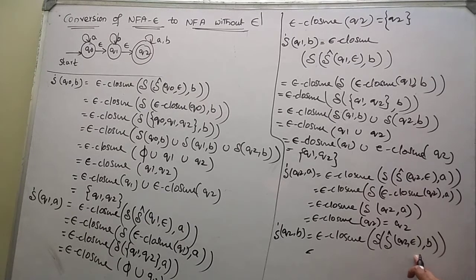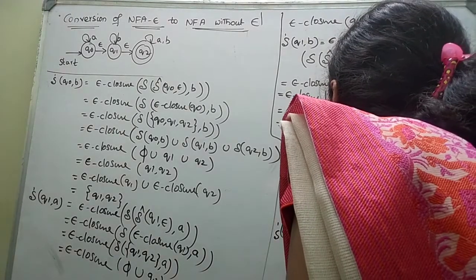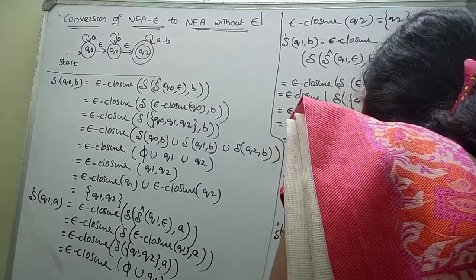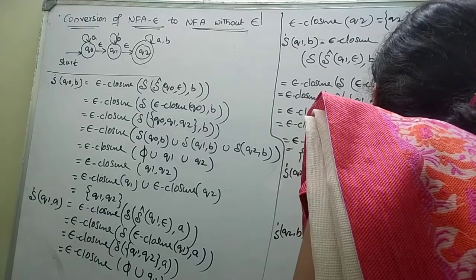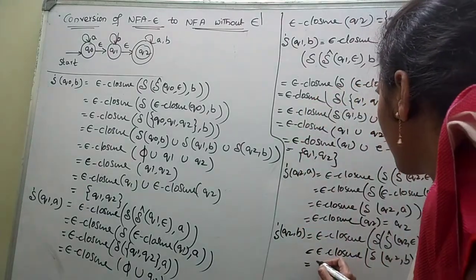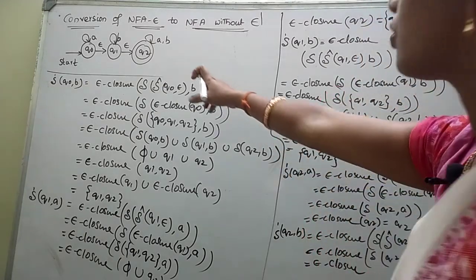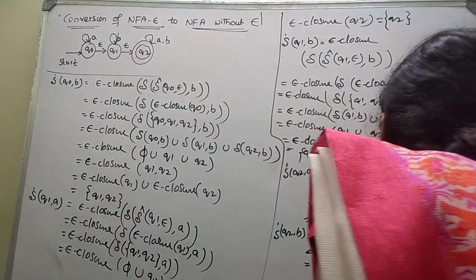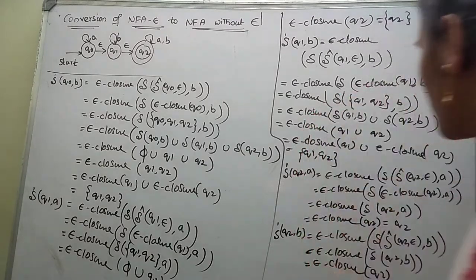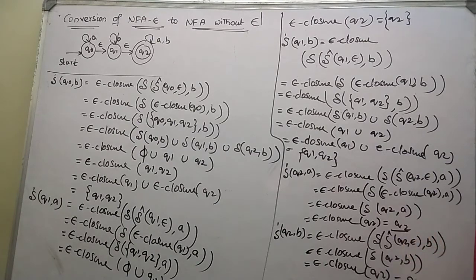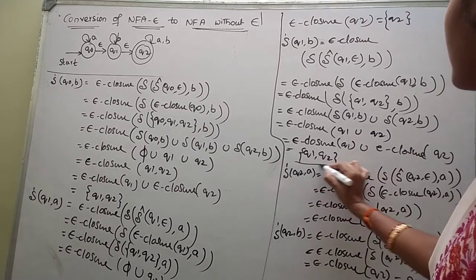Epsilon closure of Q2, which is Q2 only. So I am going to write directly epsilon closure of delta Q2 comma B. What is delta of Q2 comma B? That is Q2 itself. So what is epsilon closure of Q2? Q2 only. Right? So we got all these states. Isn't it?